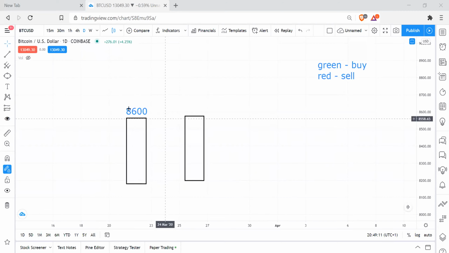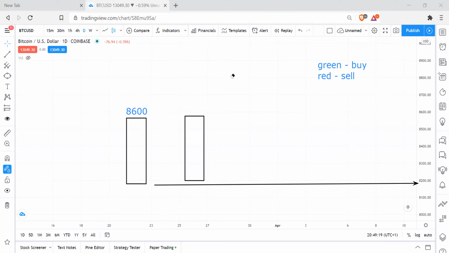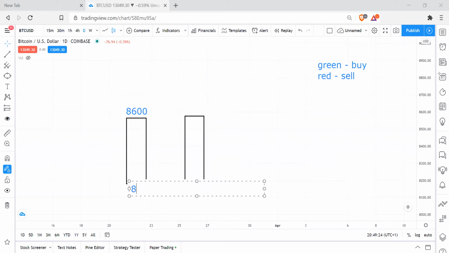And then the price of Bitcoin now went to, let's say, 8,002. If this is the case, price started off at 8,006 and then it dropped all the way down to 8,002.